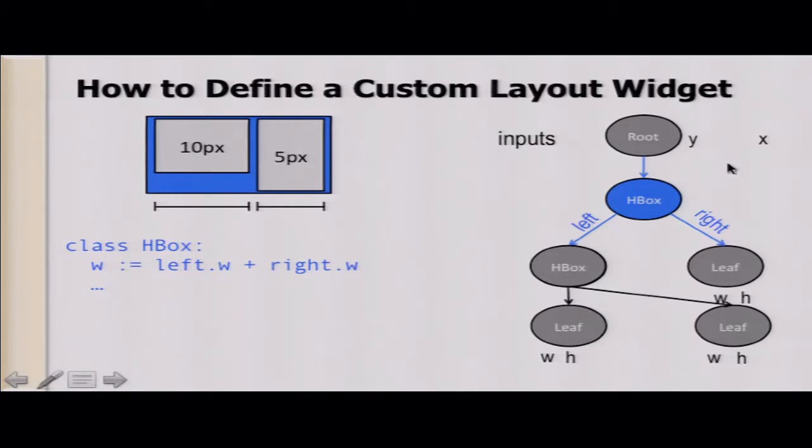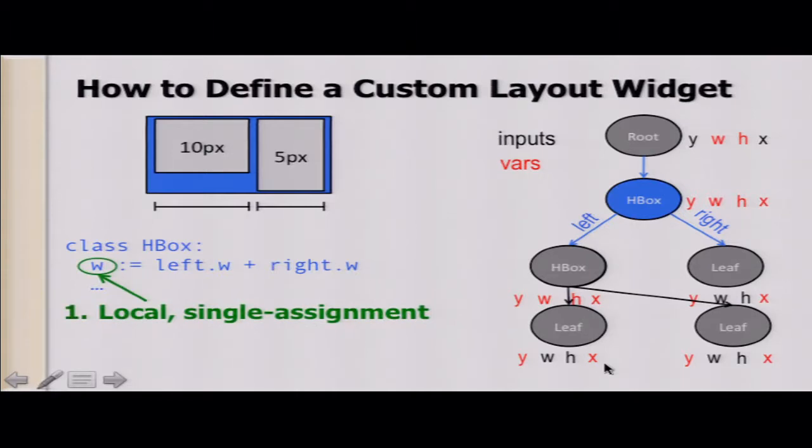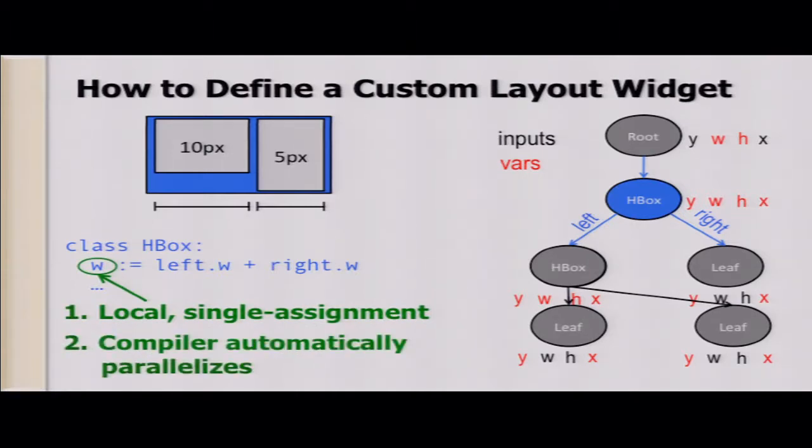So your inputs are your X and your Y, and your W and H at the leaves. Given the X and Y of the root node and the W and H at the bottom, we want to go through and solve for all of these W, H, X, and Y for all nodes in the tree.